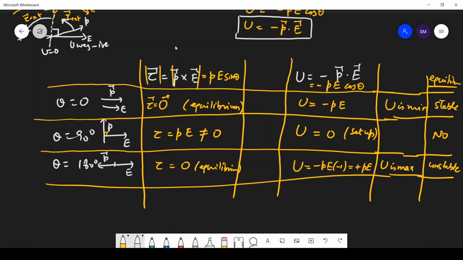And that is why in the beginning I told that the external force will keep on acting. That's where we started, that tau external will act till tau is equal to 0, when P is parallel to E and when P is anti-parallel to E. At both the places we have equilibrium, tau is equal to 0.